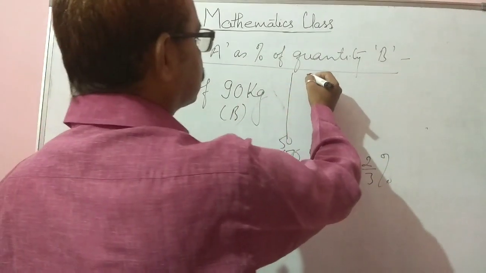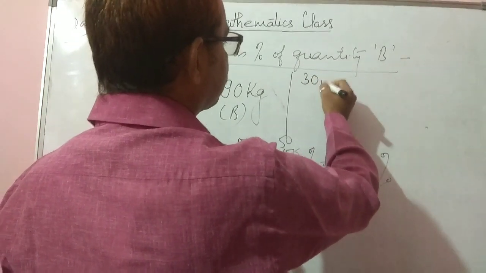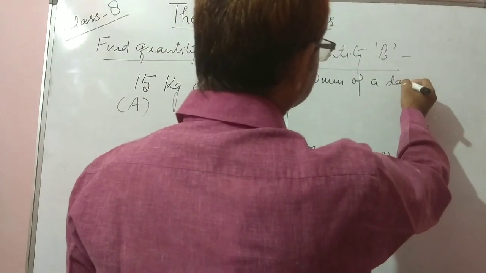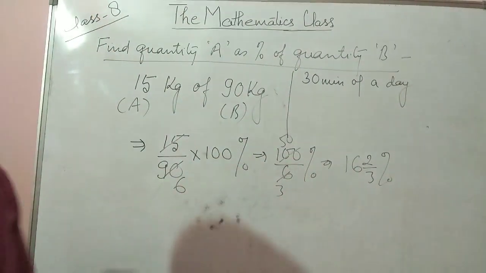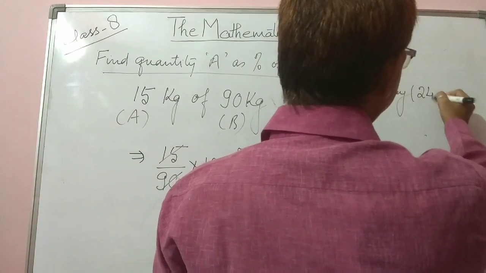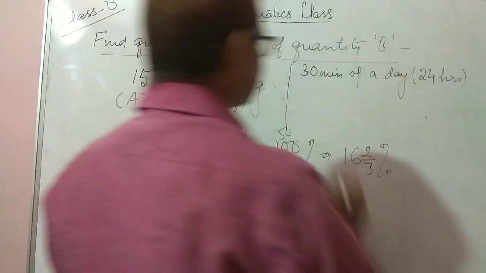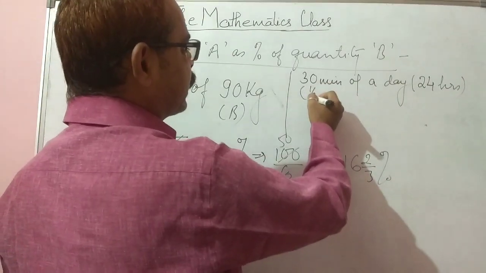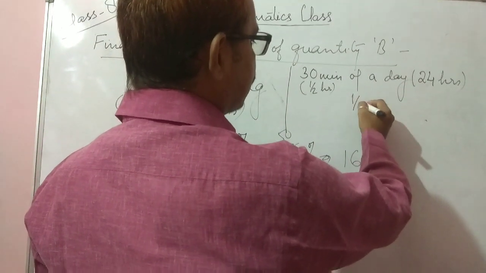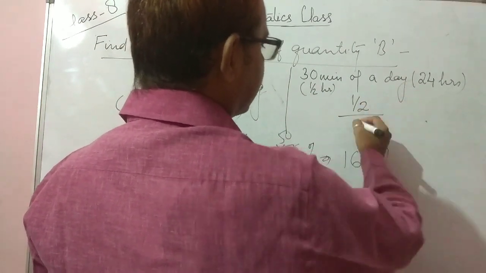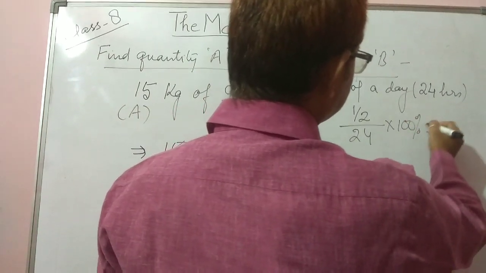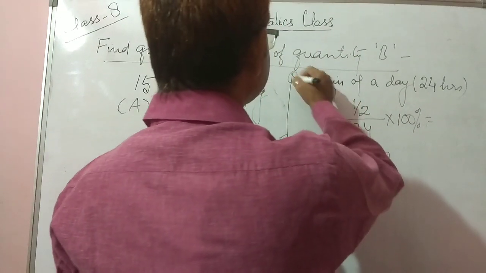What percentage is 30 minutes of a day? Now, one day has 24 hours, and 30 minutes means half an hour.